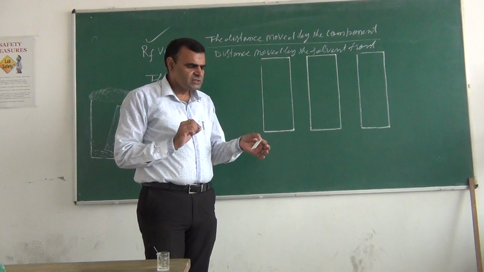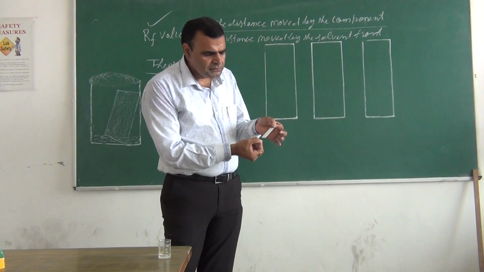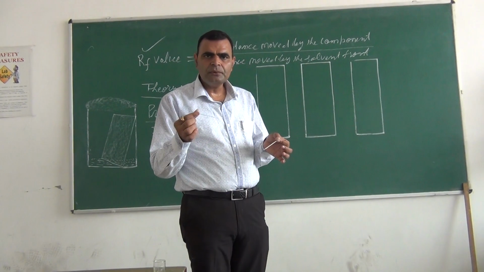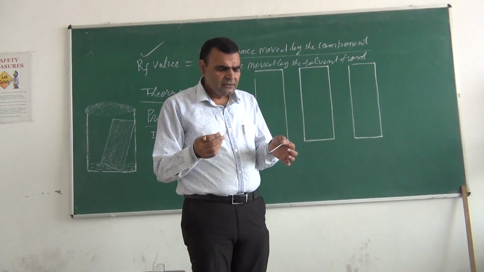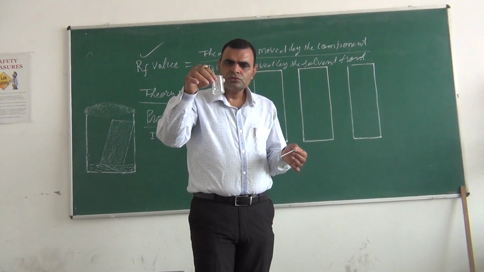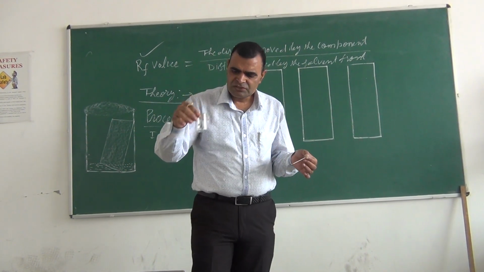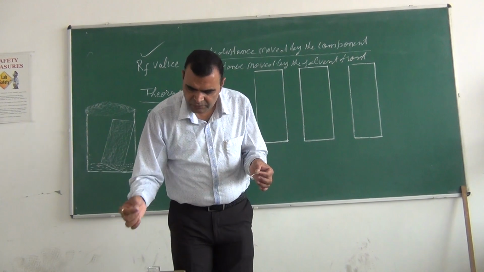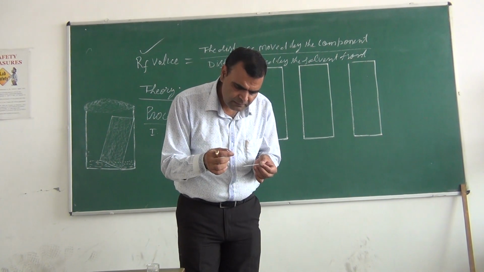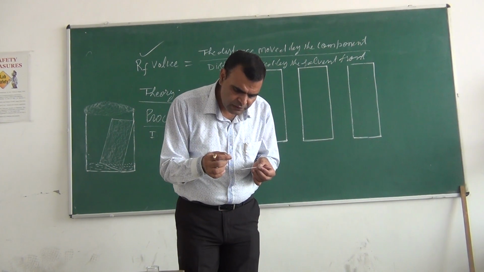We apply the mixture at least 1 centimeter above the bottom of the plate with the help of a capillary. This is the compound whose RF value is to be determined. It is converted into a mixture, and then we apply it on this chromatogram at least 1 centimeter above, very carefully.